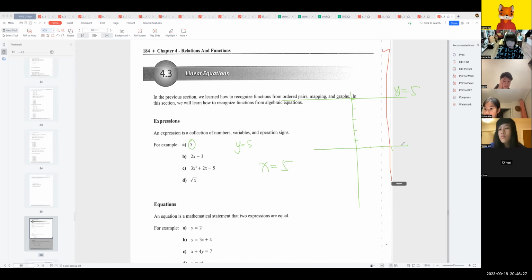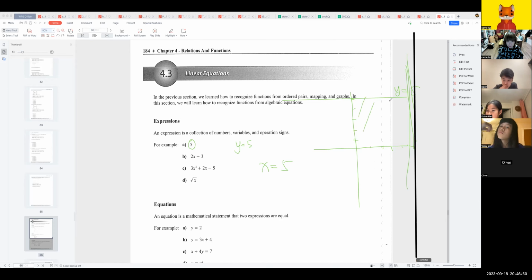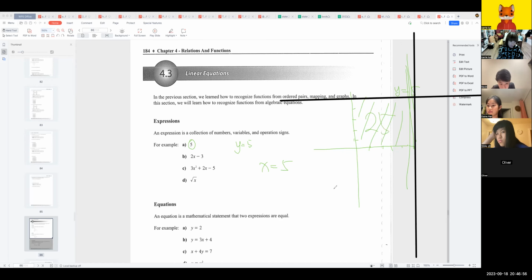Jason, what you drew is not x equals 5, it's x equals 3. x equals 5 should be further over. Why I'm telling you this, Jason and Andy: y equals 5 and x equals 5 create a square with the area of 25. See? I can test you with this kind of question, understand?